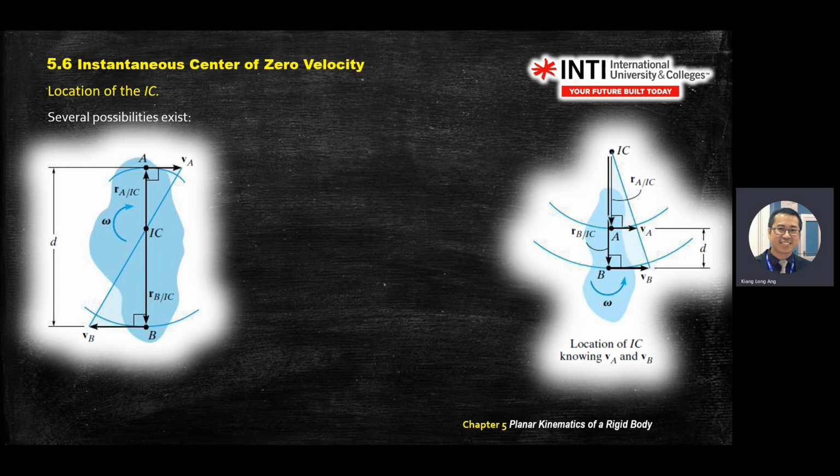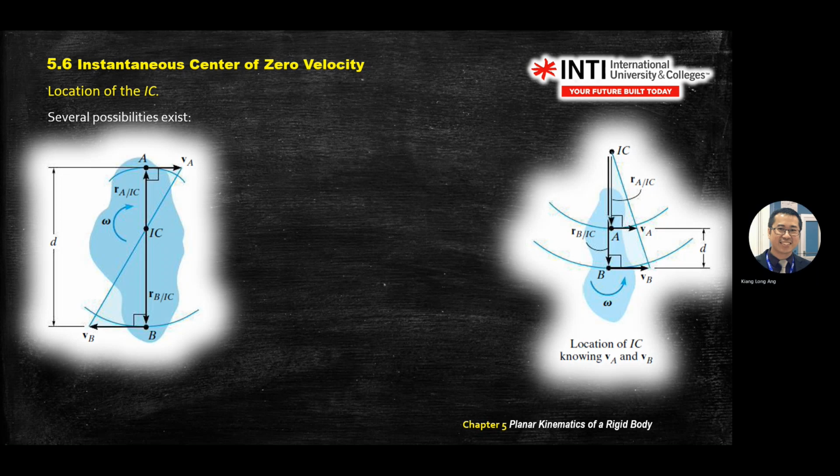B is the same: it rotates in this direction, so VB will be in this direction. Use a ruler, put it there, and draw a line. It will intersect at the same point. How do you get the exact point? By measuring the vector length, arrow point to arrow, and you get the intersection point.